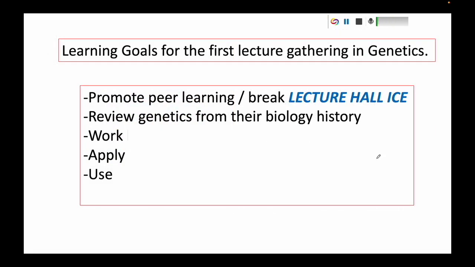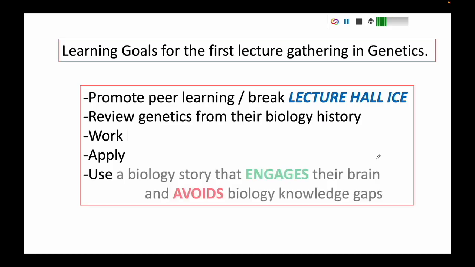Okay. So our learning goals are focused on dogs and focused on active learning, using these scratch quizzes to guide the students to work together. And I'm going to emphasize again that I'm using this dog biology as a better biology story.